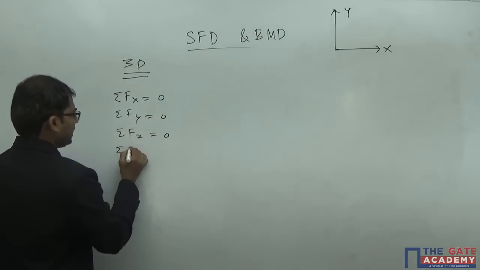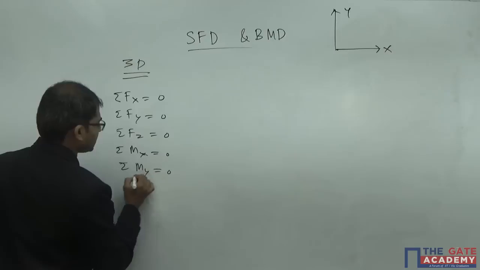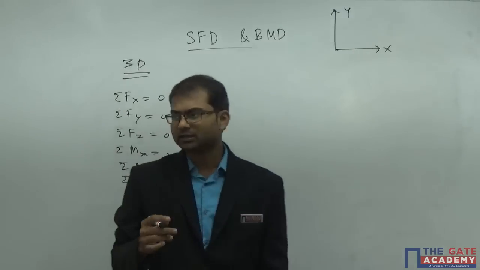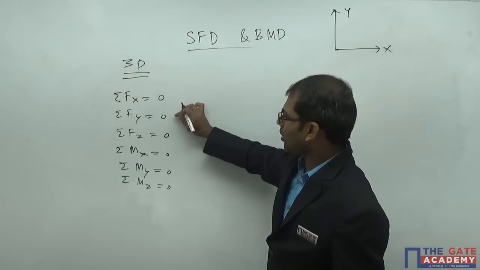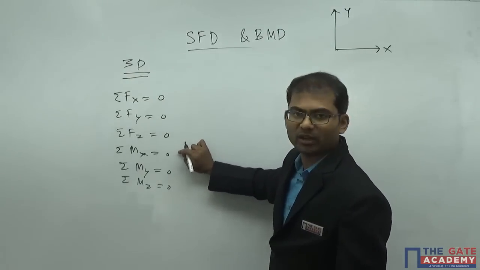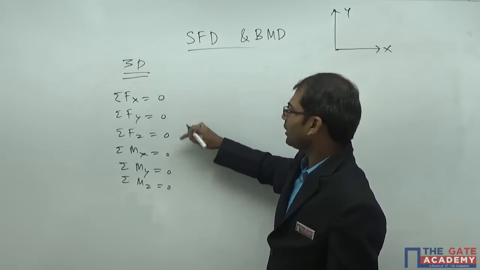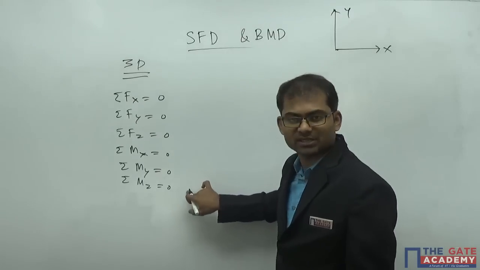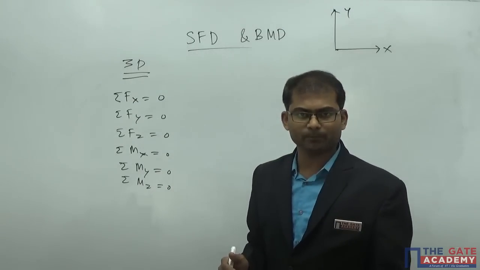In the same way, the net moment about the x axis must be 0, about the y axis must be 0, and about the z axis must be 0. As loads are along x, y and z directions, the loads along y and z will give rise to moment about the x axis. Just like that, loads along x and z give rise to moment about the y axis, and in the same way, moment about the z axis. All these things should become 0. Only then will the material be in equilibrium.